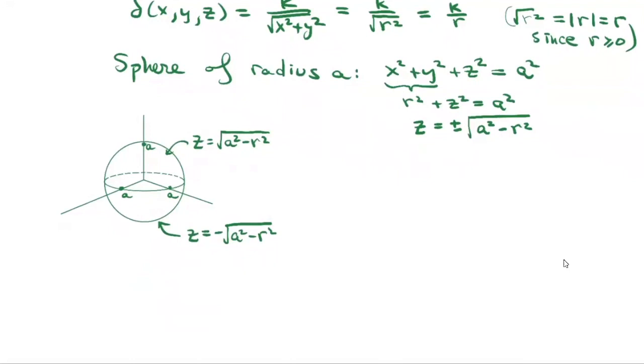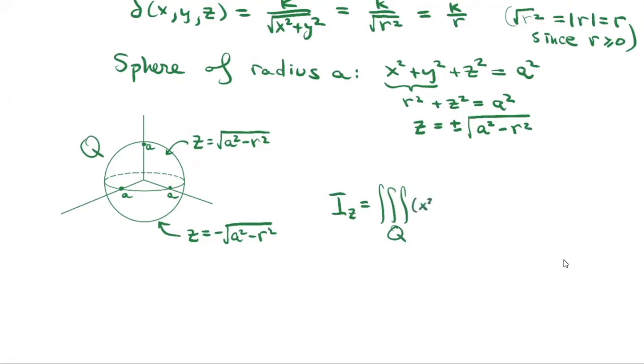Okay, so then I'm just going to bring up the formula for the moment of inertia, again about the z-axis. So it's a triple integral over the solid, which I'm calling q again, my favorite letter for solids. And then you take the distance squared to the axis of rotation.